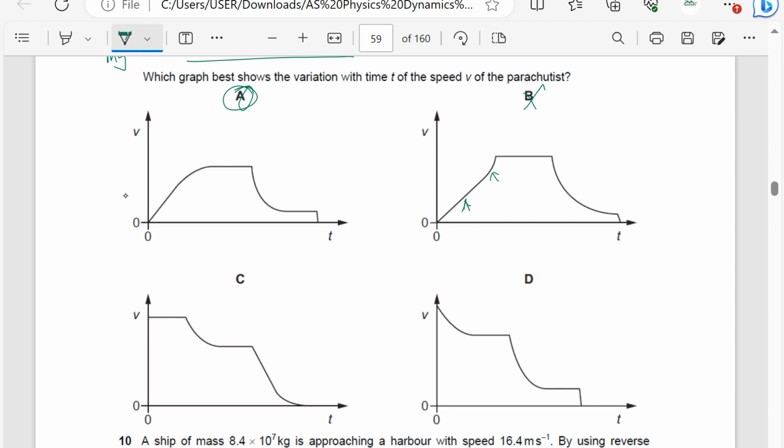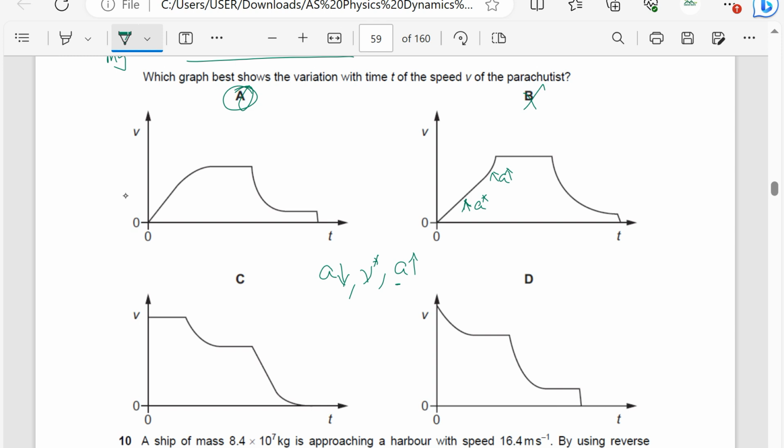Sorry, this is showing a constant acceleration, not speed. Constant acceleration, which now increases. Yet, the acceleration is going to decrease because there is air. Then the v becomes constant for some time. When it opens the parachute, the acceleration is going to increase, but in the opposite direction. So it will be negative.